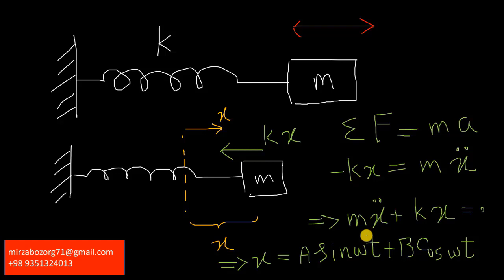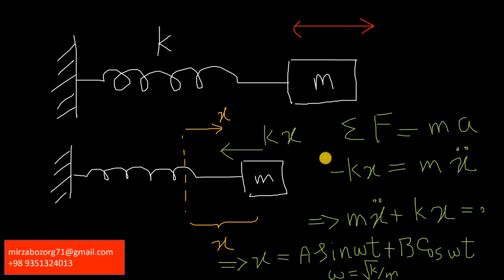That's it. According to the initial conditions, we can find A and B, and omega is equal to this. This is the frequency, and this is vibration.